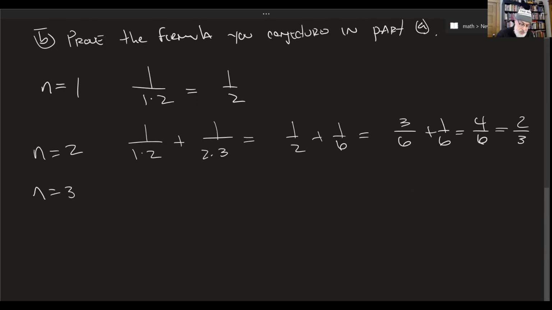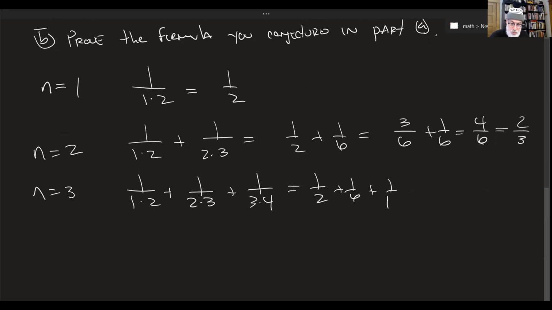So n equals 3. Now we know that's the third term summation, so we are adding another term, which will be, in the case 3, n times n plus 1, so 3 times 4. Now we know this is 1/2 plus 1/6 plus 1/12. So that will equal, and we will get like terms.